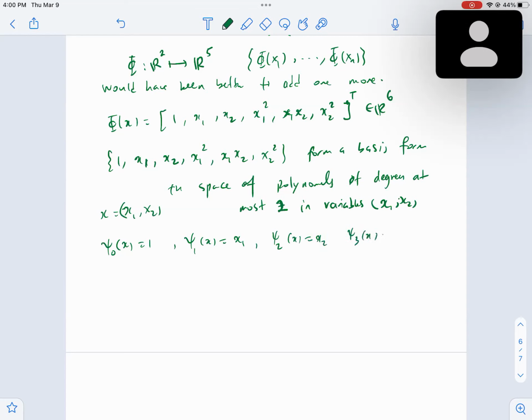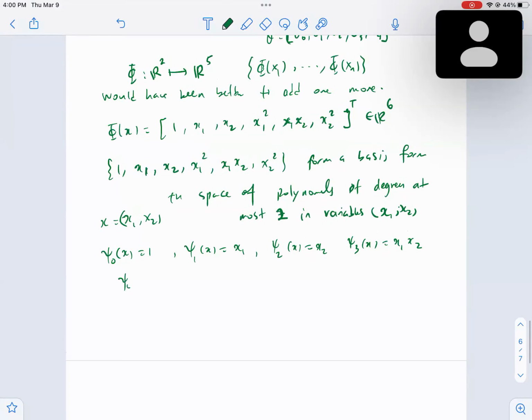Psi 3 of x is x1 x2, psi 4 is x1 squared, sorry, and psi 5 would be x2 squared.